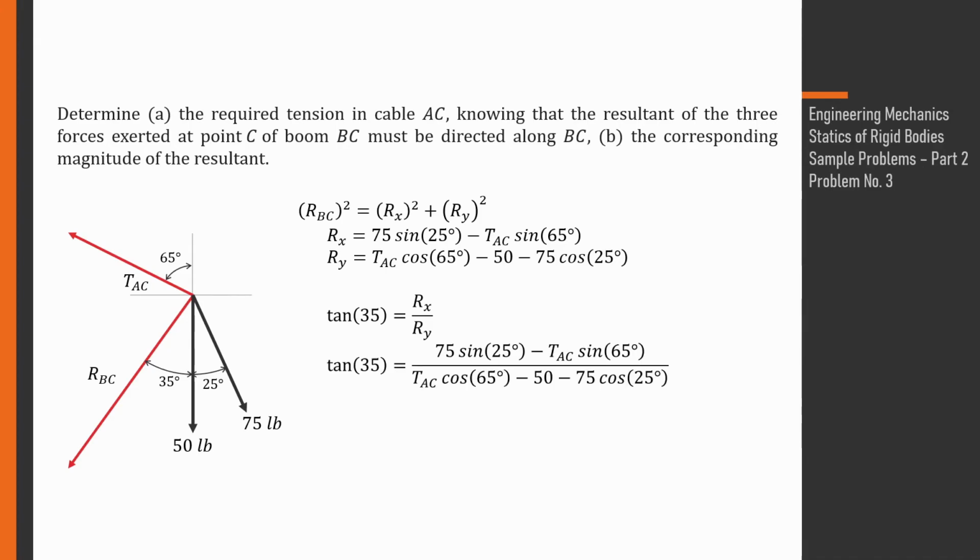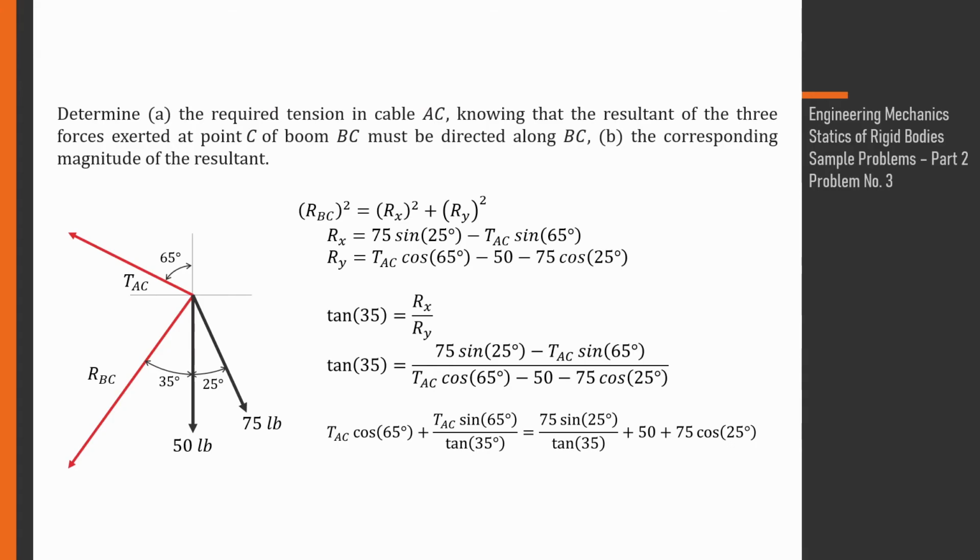Let's just substitute the formulas for r sub x and r sub y, and then divide both sides by tangent 35. Add to both sides 50 and 75 cosine 25. The tension for cable AC, sine 65 degrees.